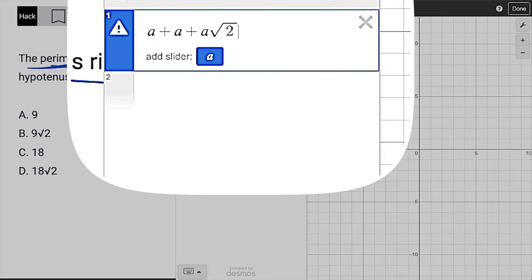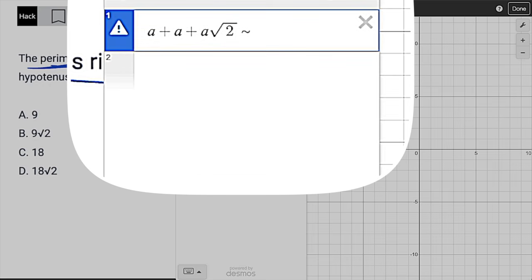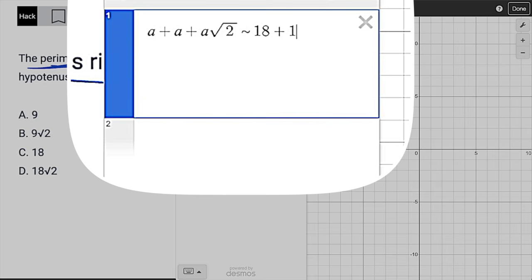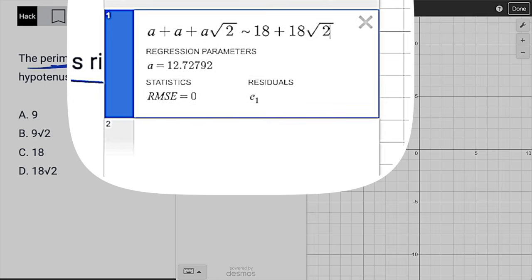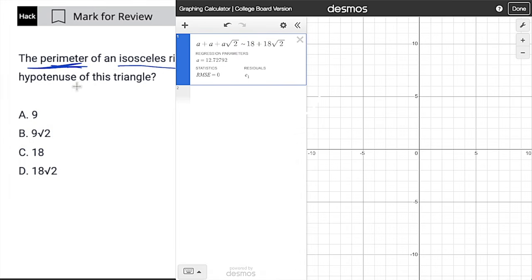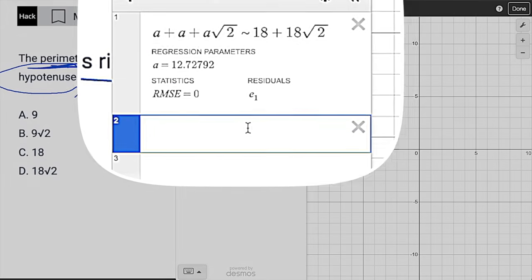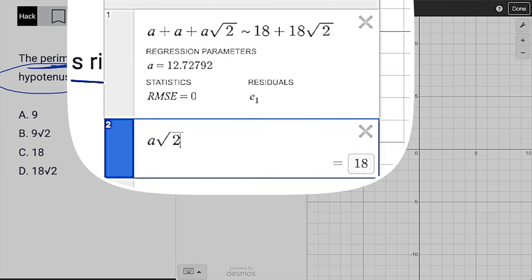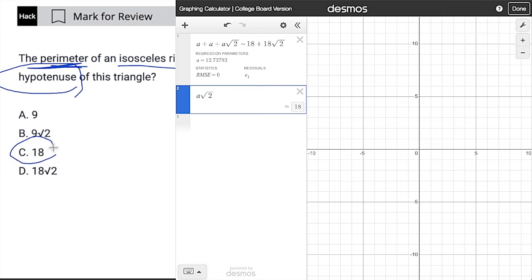This is supposed to be equal to, according to this, 18 plus 18 root 2. So 18 plus 18 square root of 2. So now it's giving us a value for a, which is cool, but it's asking us about the hypotenuse of the triangle. So remember, the hypotenuse in this case is going to be a root 2. So in another line, we just write a square root of 2 gives us our answer, which is 18. So our answer here is actually choice C.